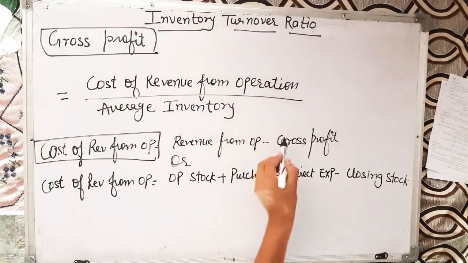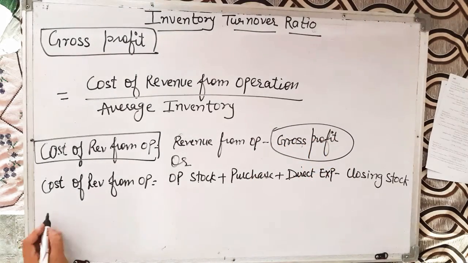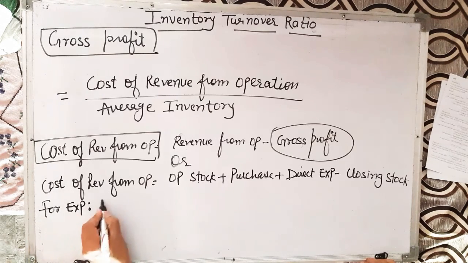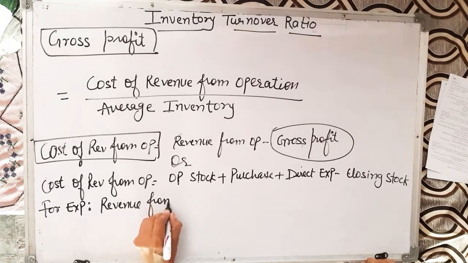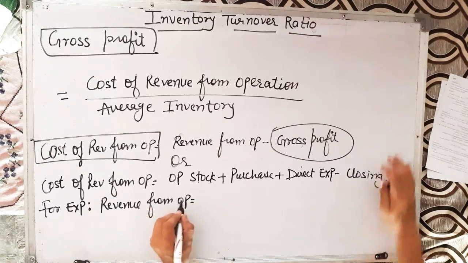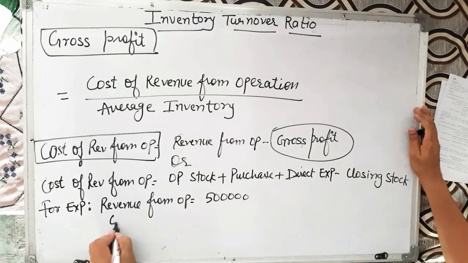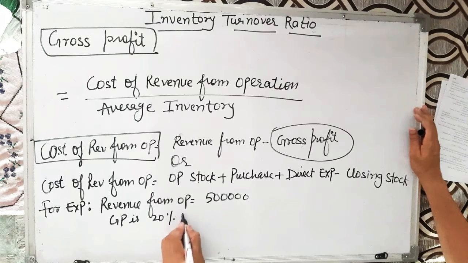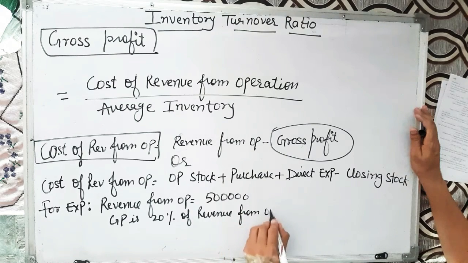So today our topic is gross profit. For example, revenue from operation is equal to 5 lakh. Gross profit is 20% of revenue from operation.